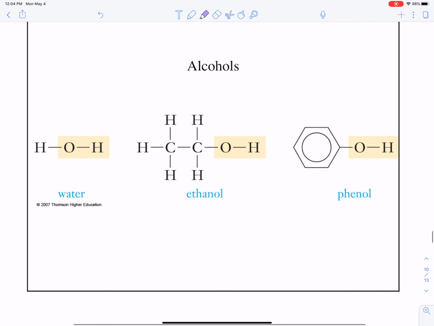Alcohols kind of look like water, but instead of an H on the end, we have a hydrocarbon on the end, or a benzene. So ethanol you see in the middle, that is a great disinfectant, right? It's also drinking alcohol. Phenol is another disinfectant.